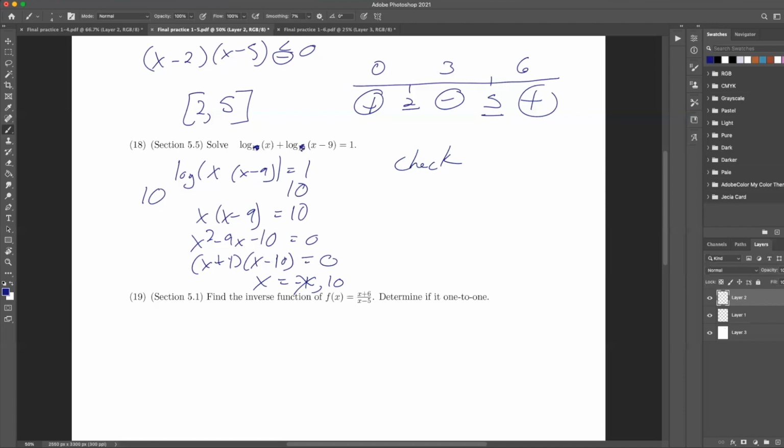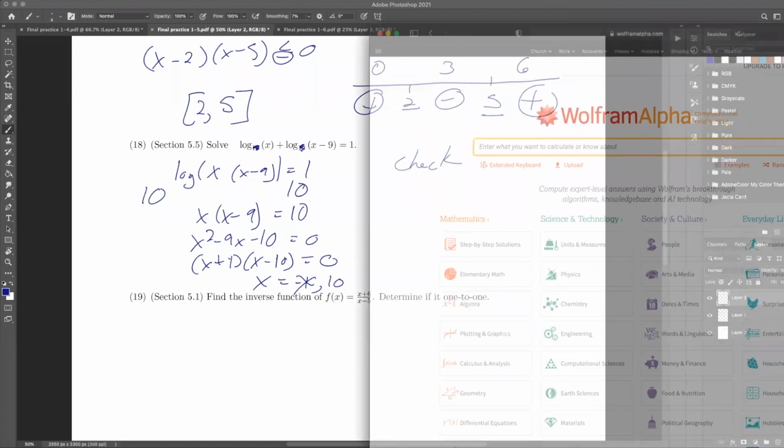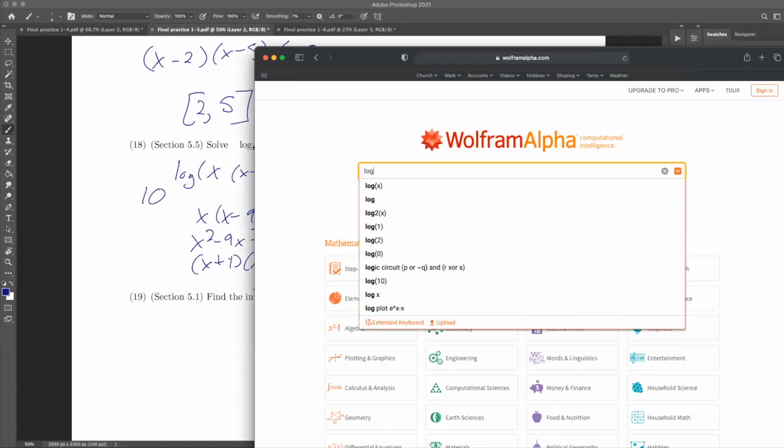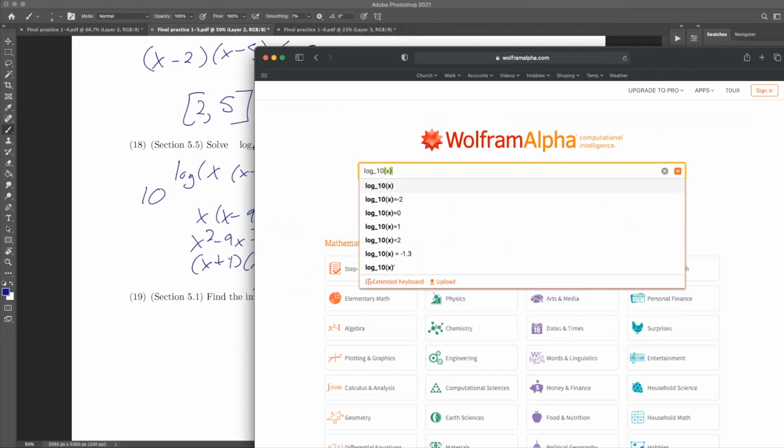All right, so let's check this in Wolfram Alpha. We're going to type in log. Remember, Wolfram Alpha thinks log of nothing is log base e, so we're going to type log base 10 of x.